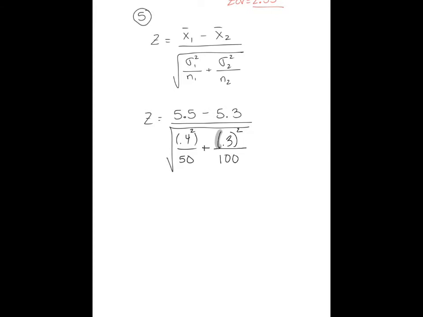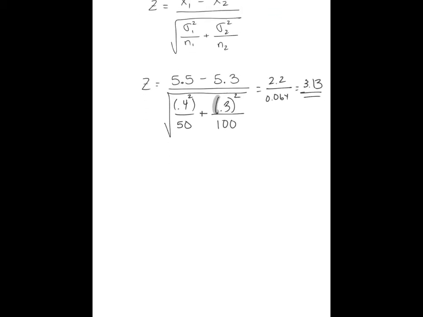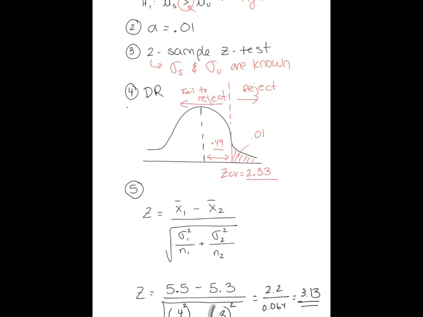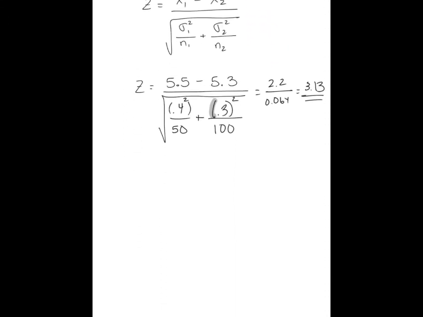Once we go through this process, we find that the z statistic will have 2.2 over 0.064, which gives us a z statistic of 3.13. Now, a z statistic of 3.13, if we go back to our rejection region here in step 4, will be somewhere out here. That's 3.13, and therefore it's in the rejection region.